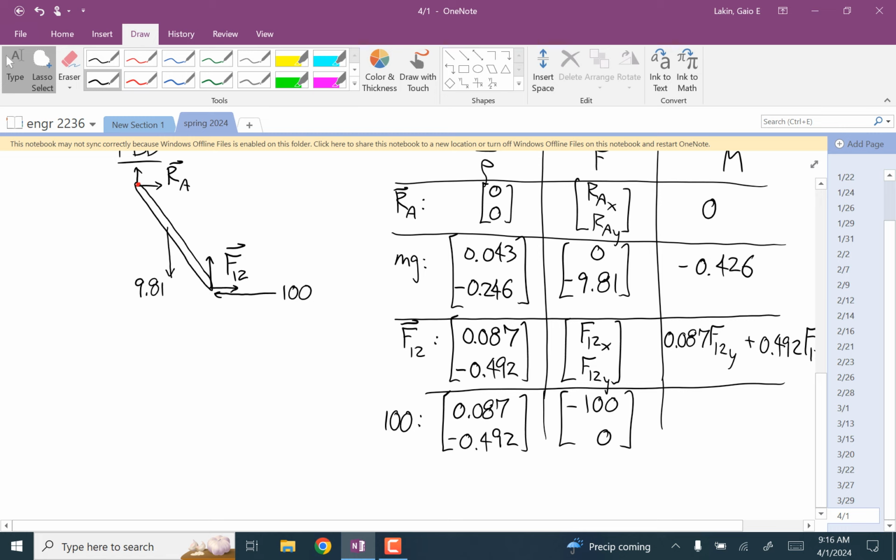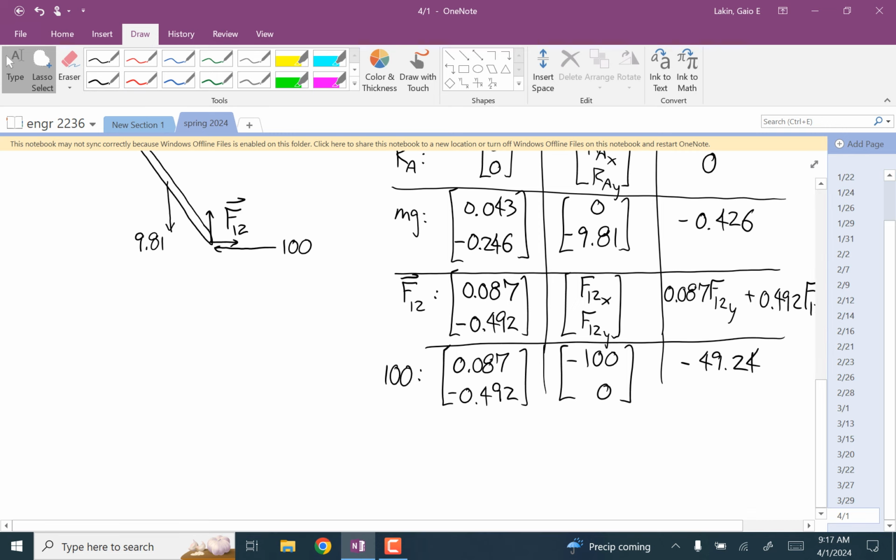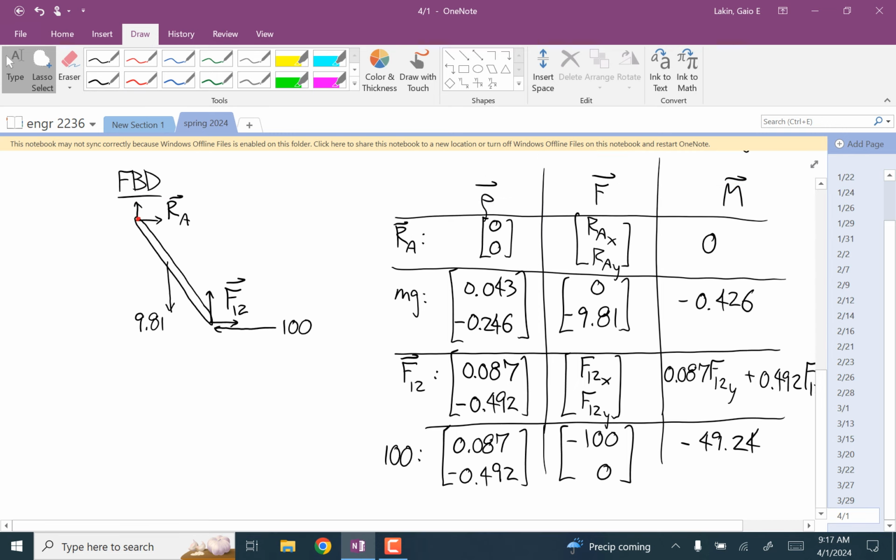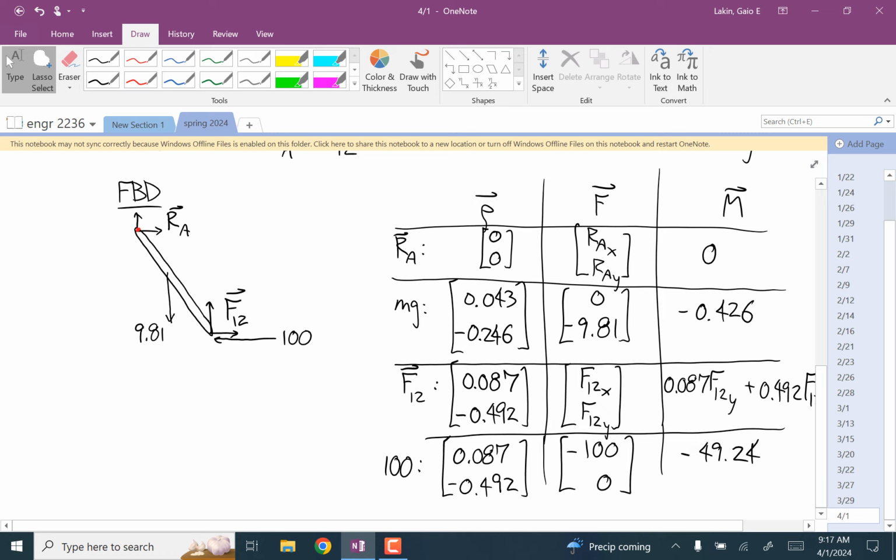And so the cross product should be negative 49.24. Anybody get anything different for any of those? Okay. This has a fixed point, so Newton's second law or no?